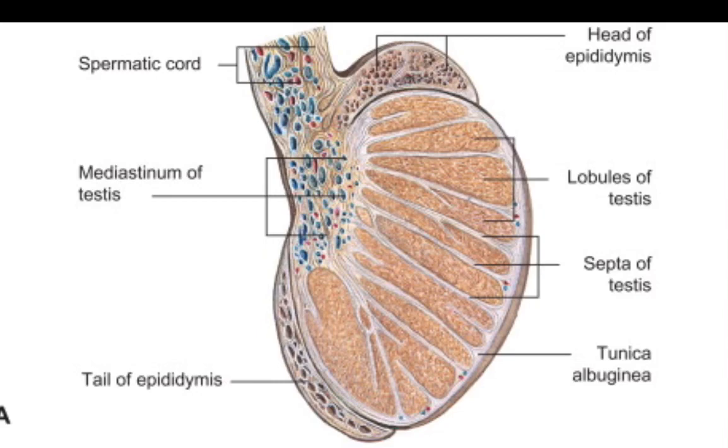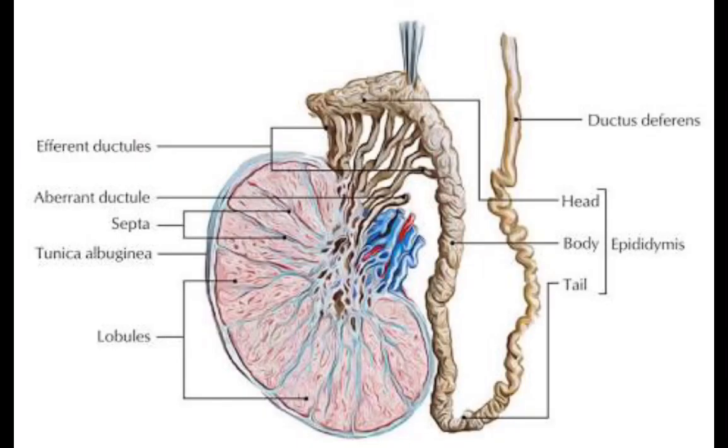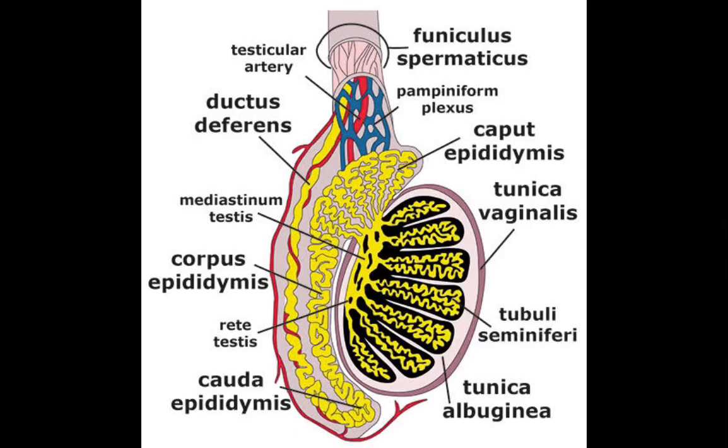Now, from the anterior surface of mediastinum testis, numerous fibrous septa radiate and divide the testis into numerous compartments, which are cone in shape, and these are called lobules of testis. There are about 200 to 300 lobules in each testis, and in each lobule we will see the seminiferous tubules are present.